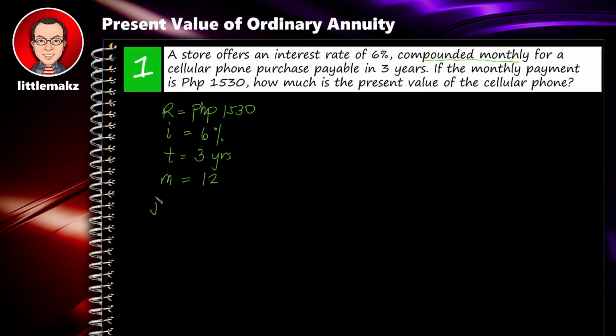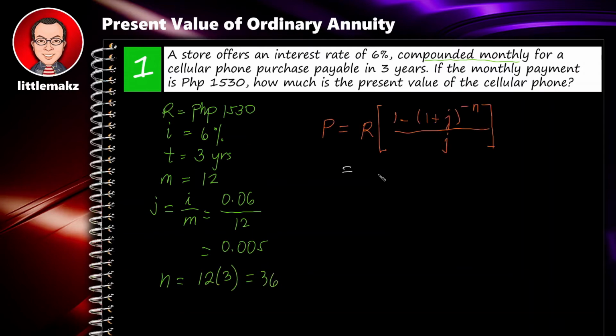So if we try to find for J, that is I over M. So the 6% is 0.06 and we divide this by 12. So we get 0.5%, or that is equal to 0.005. Your N is the product of M and T. We have 12 times 3. That is equal to 36.